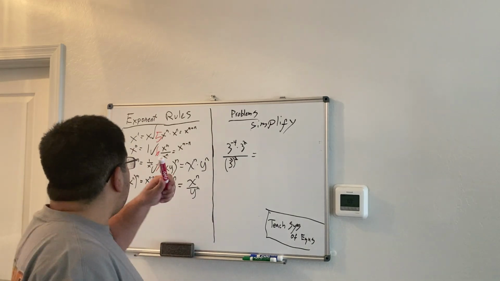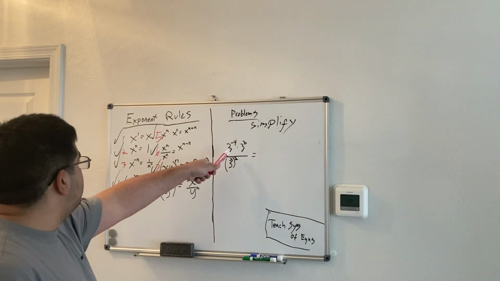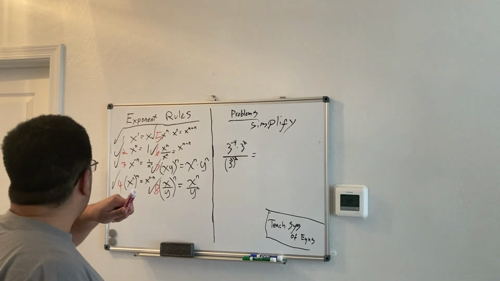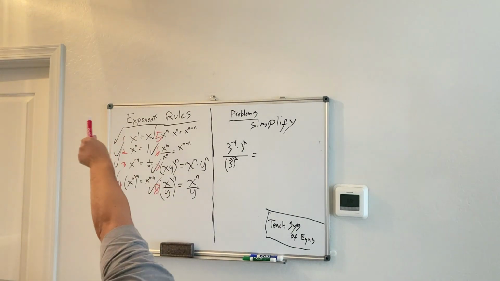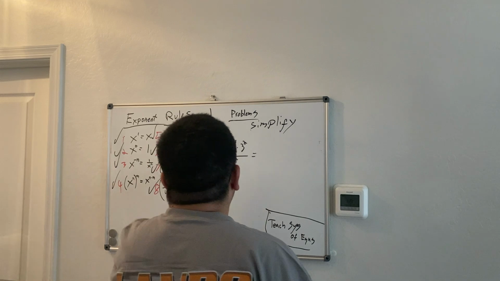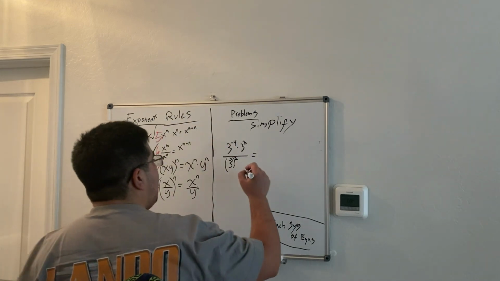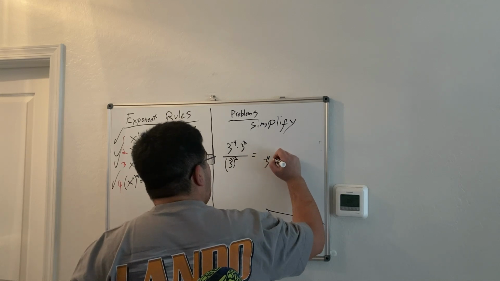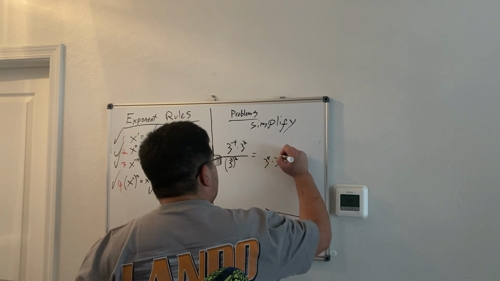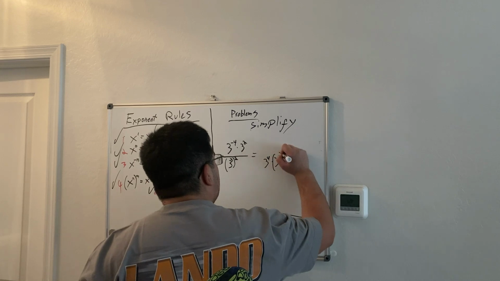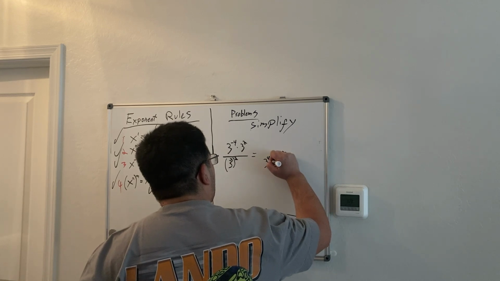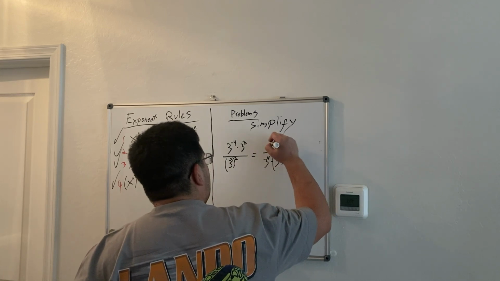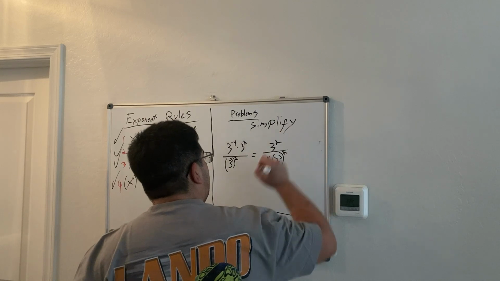In this case, you would have to use rule number 3. This means that we now bring this guy down to the bottom. So it'll be 3 to the fourth power times 3 to the third power to the second power, and then we have 3 squared over here.